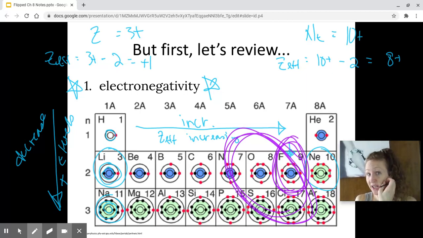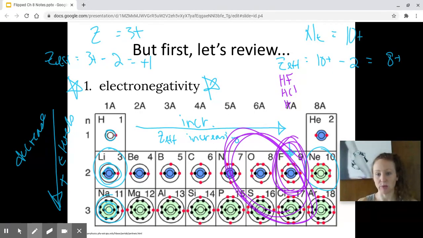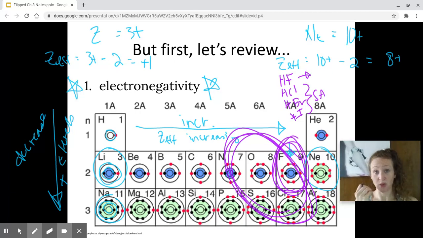And this has lots of implications. For example, if you look at the halogens, HF is the only weak acid. All the other ones, HCl, HBr, HI, are all strong acids. Why is hydrofluoric acid the only weak acid out of the whole group?